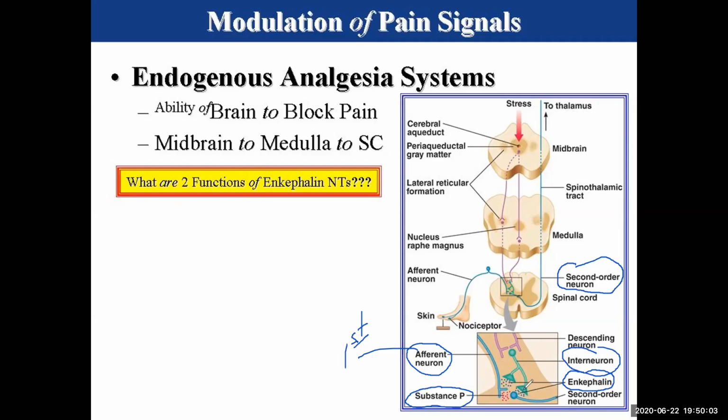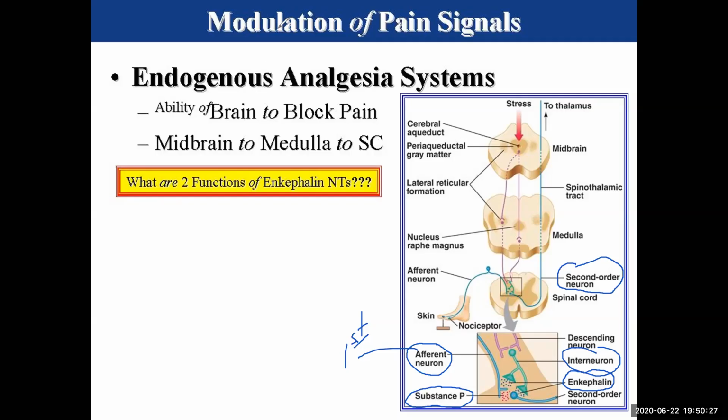The second mechanism, enkephalin induces the formation of IPSP directly on the cell body of the second order neuron, less action potential being formed, less signal being transmitted to the thalami, ultimately less to the primary somatosensory cortices, less pain perception. And that's the second mechanism.